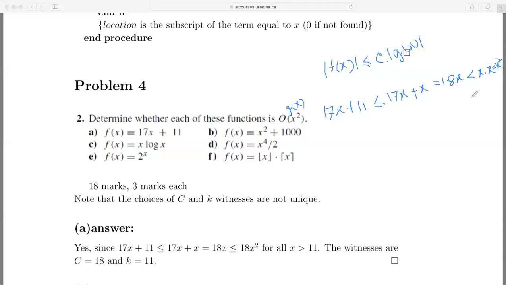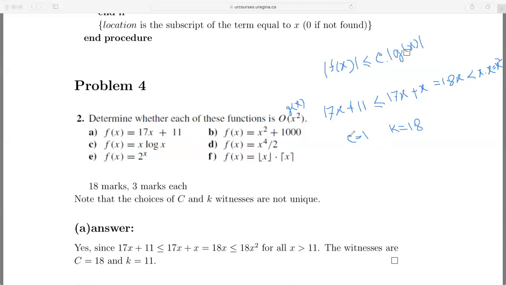So you can see from here it's big O of x squared. The value of c you find here is 1, and these inequalities are true when you choose k equals 18.